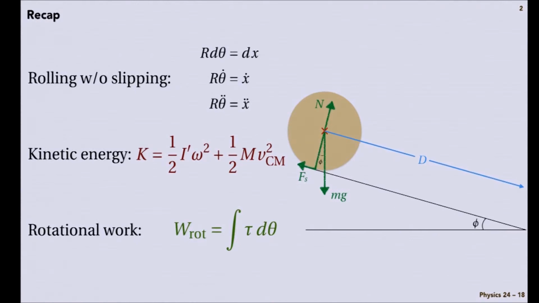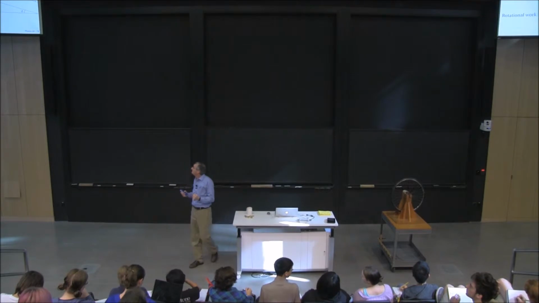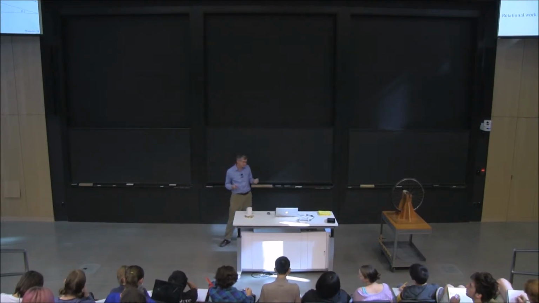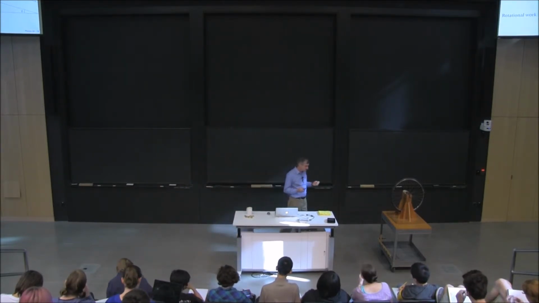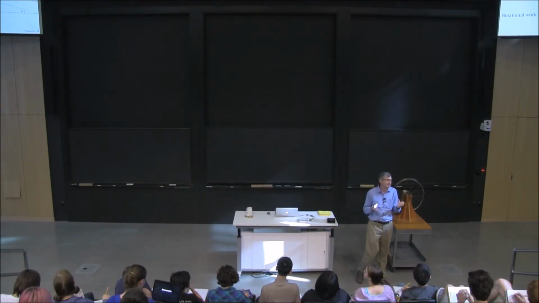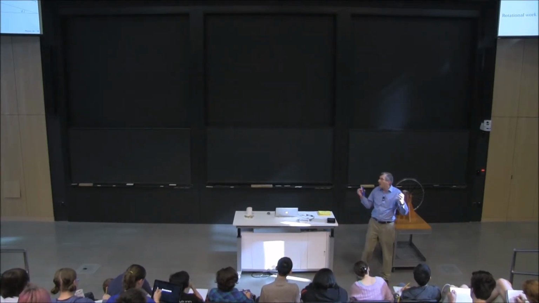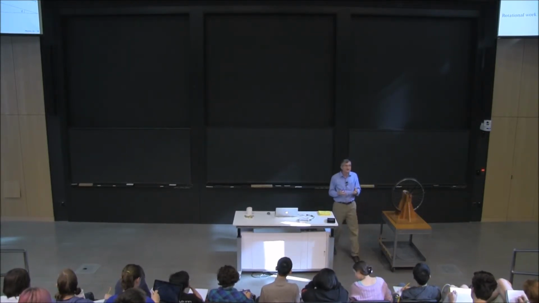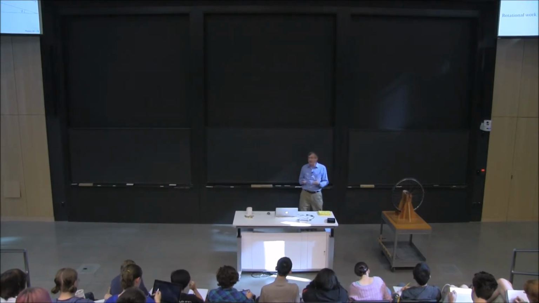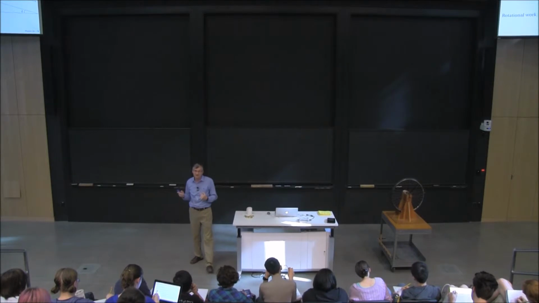We found that the kinetic energy, because of this marvelous theorem that said that the kinetic energy of a collection of particles is equal to the kinetic energy in the center of mass frame of all the particles, plus the kinetic energy of a single particle that has all the mass and moves at the center of mass velocity.